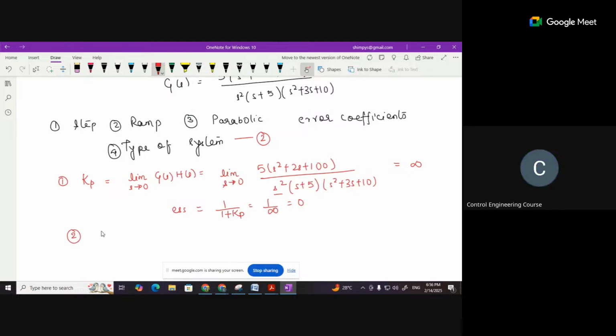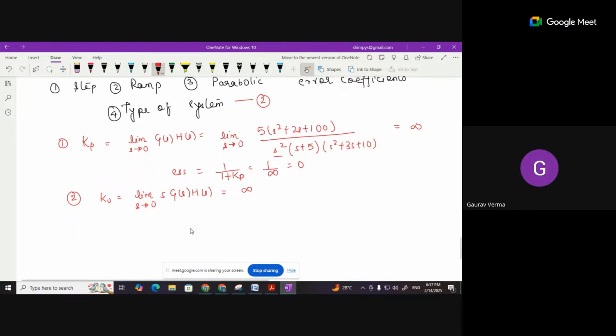That is Kv, limit s tends to 0 of s G(s)H(s), right? How much will it come out to be if I substitute the values? The s will get cancelled, and again this will come out to be infinity, right? And the steady state error, that is 1 upon Kv, is 0, right?